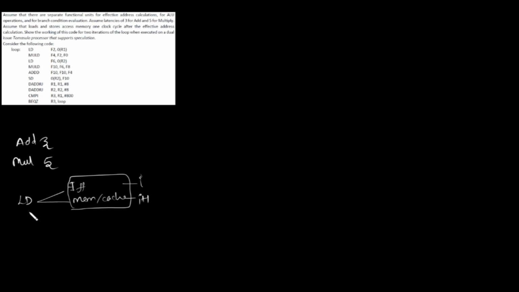So execution of a load will take 2 clock cycles, and similarly the execution of a store will take 1 clock cycle for the effective address calculation and 1 clock cycle to write it to the memory. So a store will also take a 2 clock cycle operation for execution. Now with this information we will go to solving this problem.